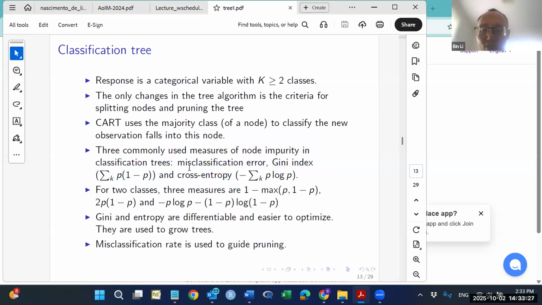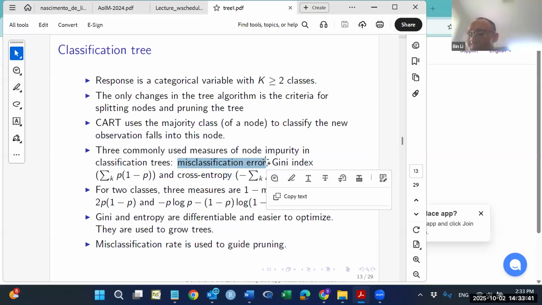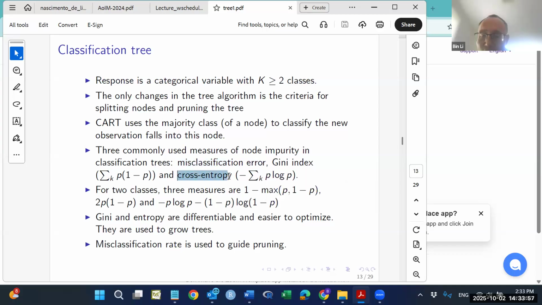Misclassification error is very easy. That's the percentage of misclassified observations. This one is good for interpretation, very easy to interpret, and also directly connected to the quality of the prediction performance. But the Gini index and the cross entropy are not that easy to interpret.